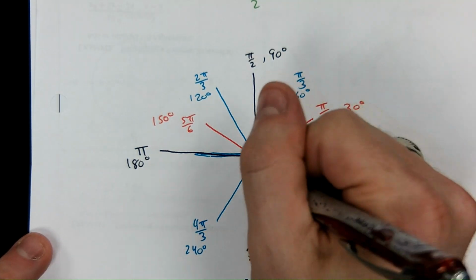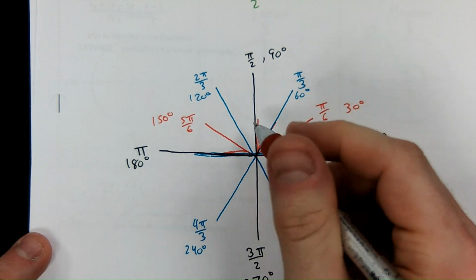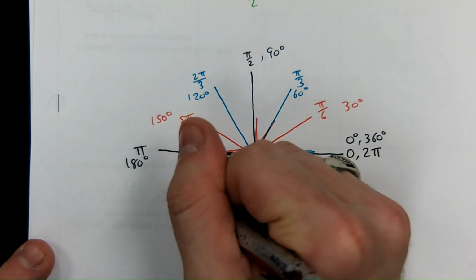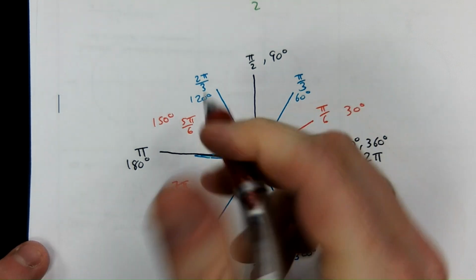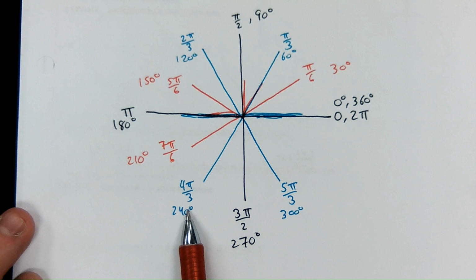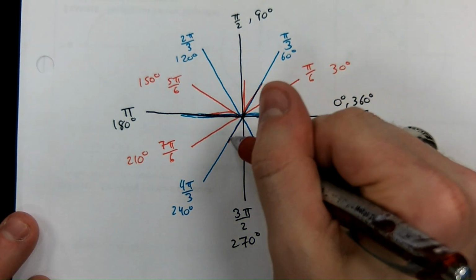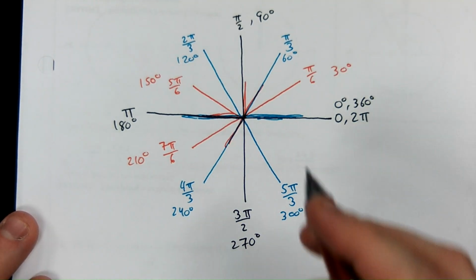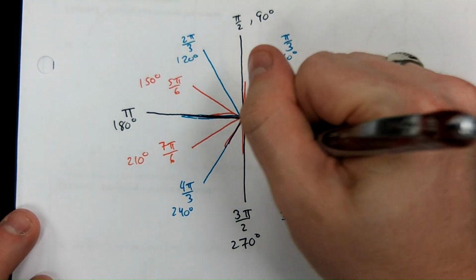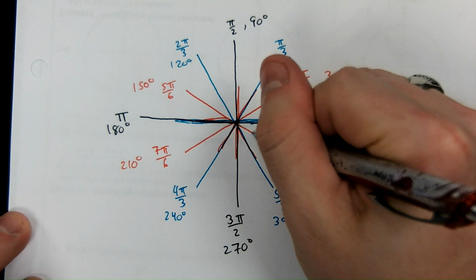6/6 reduced. 7/6. It's 30 degrees after this, 210 degrees. 8/6 reduced. 9/6 reduced. 10/6 reduced. 11/6.